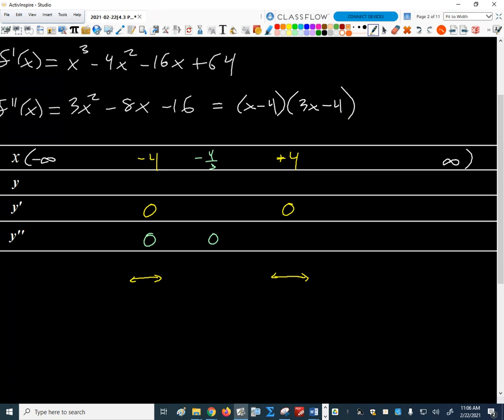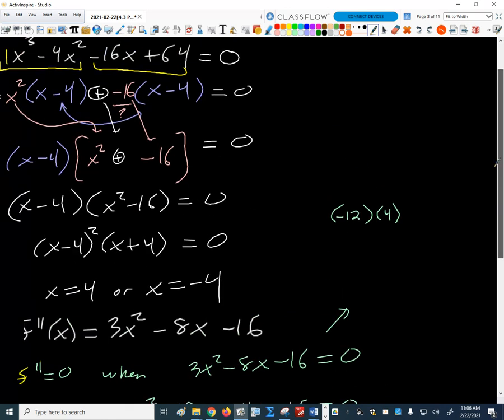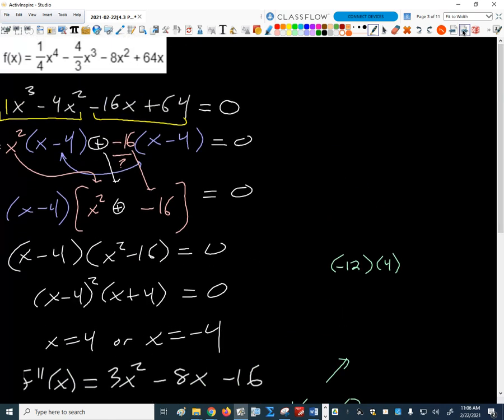Yeah, that looks right, doesn't it? Okay. So there's our second derivative factor. The first derivative, I'm going to go ahead and write that in factored form, and you'll see why in a second. That was x minus 4 squared times x plus 4.